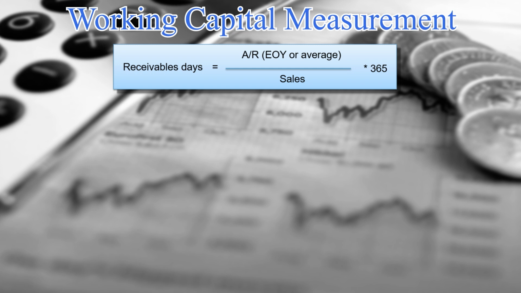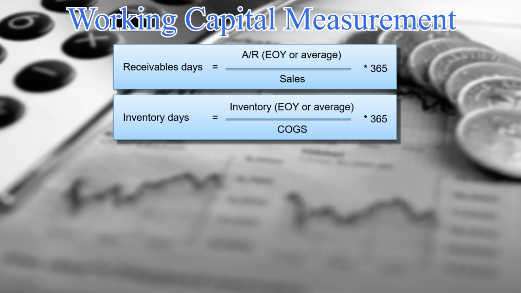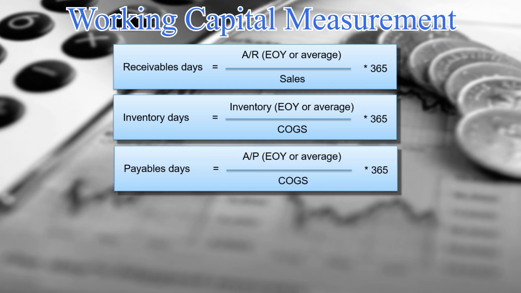You can take either an end-of-year accounts receivable value or some average value between 2 years. For inventory, you do the same thing. You take your inventory, divide it by cost of goods sold, not by sales, remember that, and multiply by 365. For payables, you do the same thing. You take your payables, divide them by COGS, and multiply by 365.